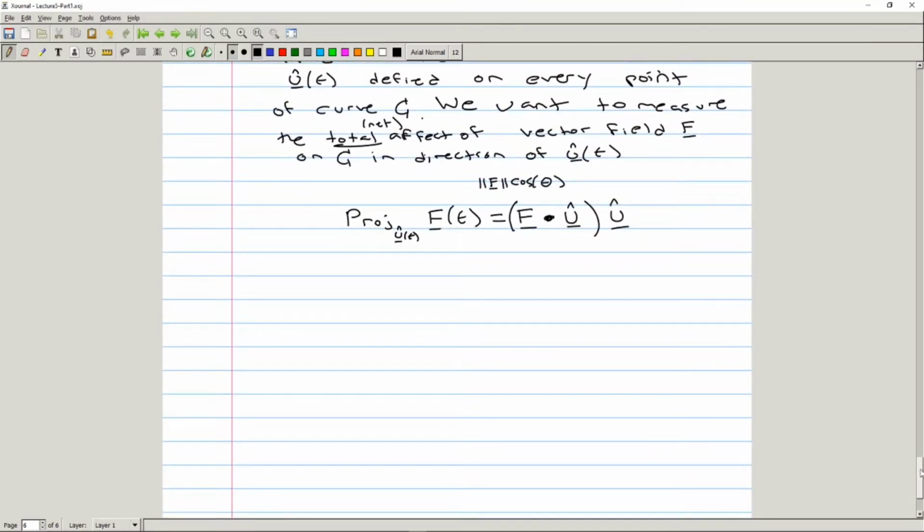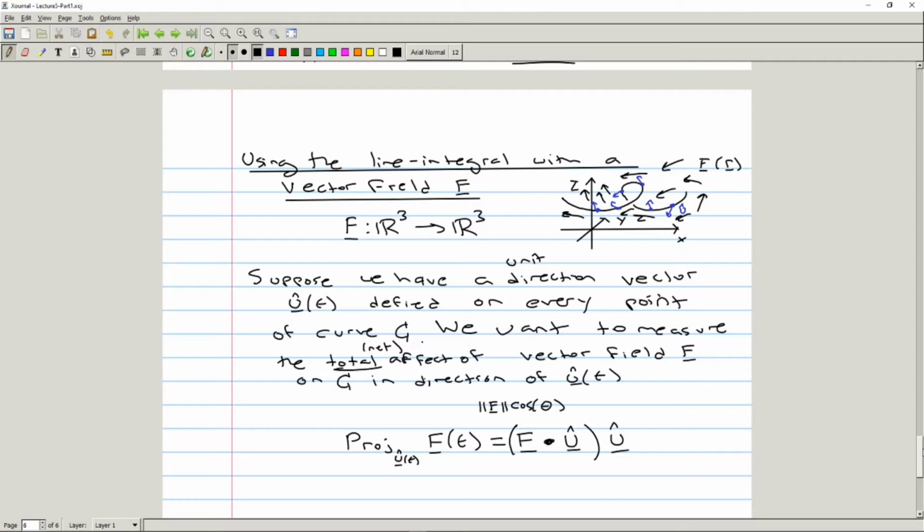So we kind of stumbled upon inadvertently the way of getting the total effect of the vector field f on the curve C in the direction of u of t.